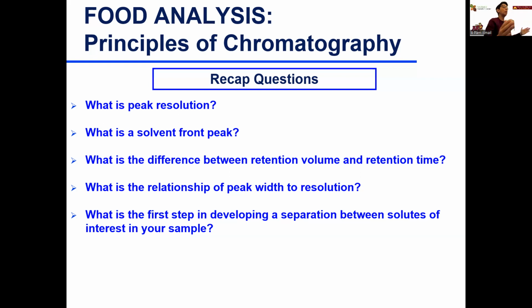It represents the void volume of your column. So basically the time from injection to the solvent reaching the detector, the solvent is going to say, okay, I'm here, the detector is going to identify it and gives you a peak. In GC, it's really large. In HPLC, it's a tiny peak.